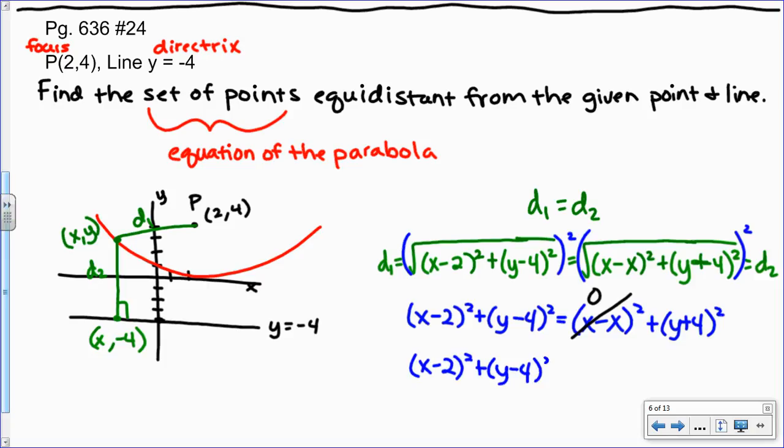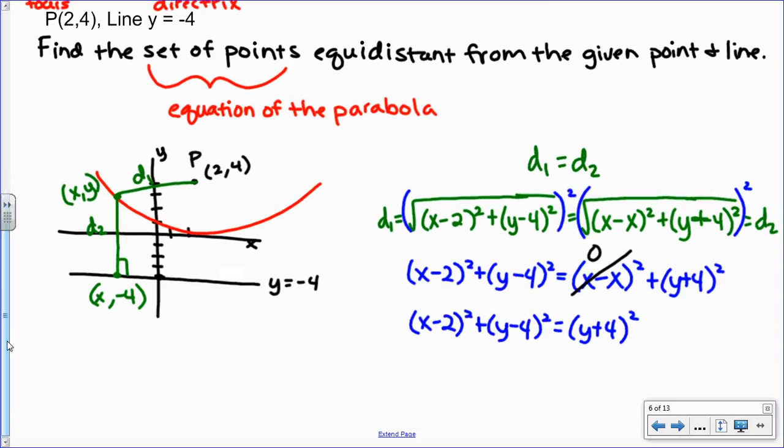I see that I'm going to have some like terms because I have two terms that have y's in them. So the x's, I'm not going to have like terms because there's just one term with x. Even when I multiply it out, I would have x squared and x, so I wouldn't be able to combine anything. So I'm just going to leave this as is.